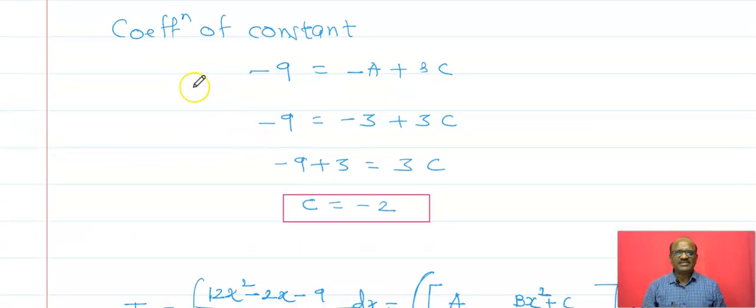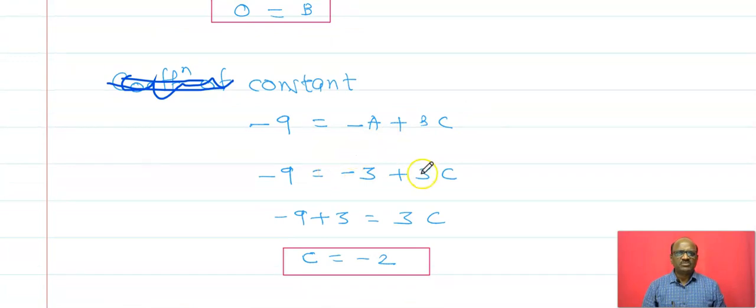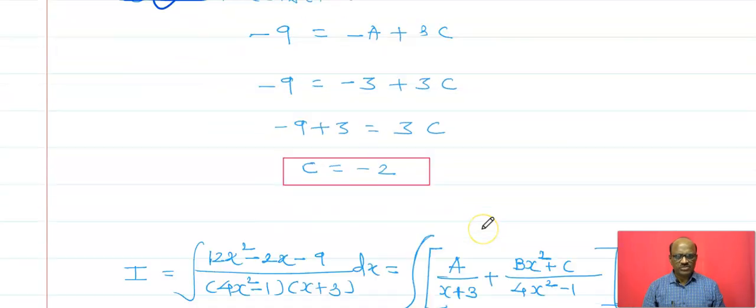By mistake I had written coefficient of constant, only the constant is required here. That is the constant is minus 9, minus a plus 3c. Now substitute the value of a is 3. Therefore minus 3, so minus 3 here. Minus 9 plus 3 is equal to 2c. C is equal to minus 2.